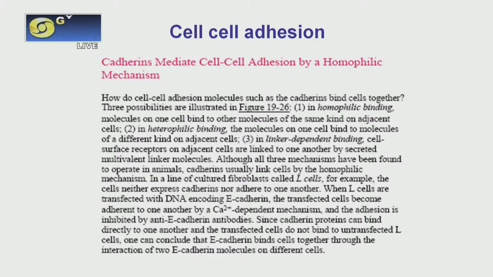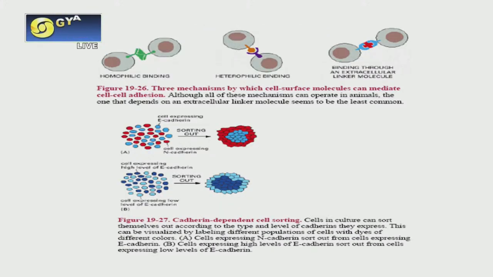In heterophilic binding, the molecules on one cell bind to molecules of a different kind on adjacent cells. And in linker dependent binding, cell surface receptors on adjacent cells are linked to one another by secreted multivalent linker molecules. If we diagrammatically represent these three mechanisms, it will look like this: homophilic binding, heterophilic binding, and binding through a linker molecule.